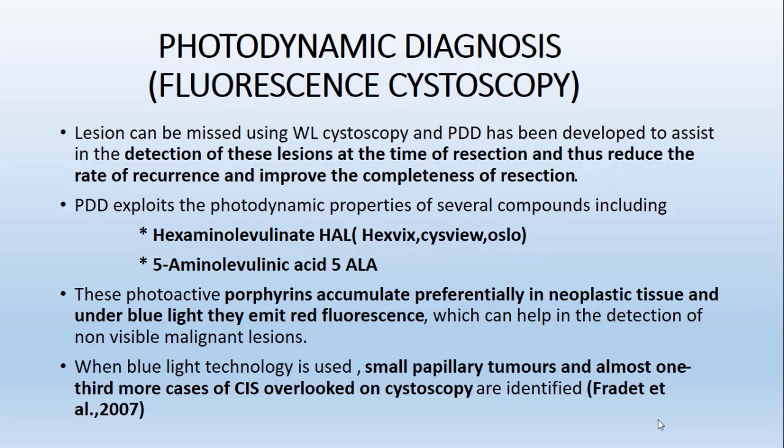Photodynamic diagnosis exploits the photodynamic properties of several compounds like hexaminolevulinate and 5-aminolevulinic acid. These photoactive porphyrins accumulate preferentially in neoplastic tissues, and under blue light they emit red fluorescence, from which we can see the tumor and dissect easily.